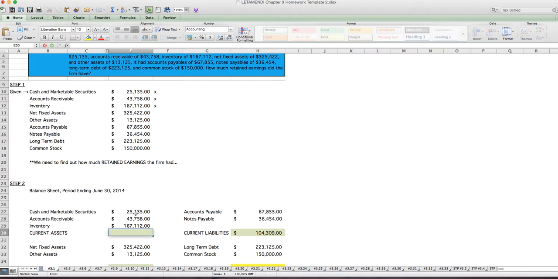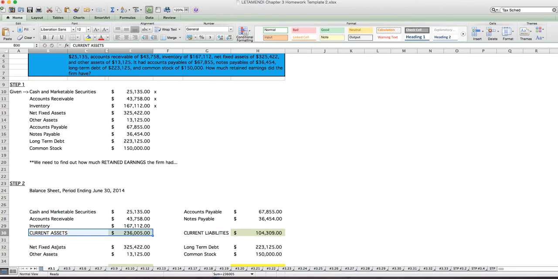Or my favorite is you highlight the range and the empty cell where you want your answer, and you click on auto sum, and you get your answer. If you're using the Mac version, the Office version is going to look a little different, but you'll still see the same sigma sign. So now we have current assets.